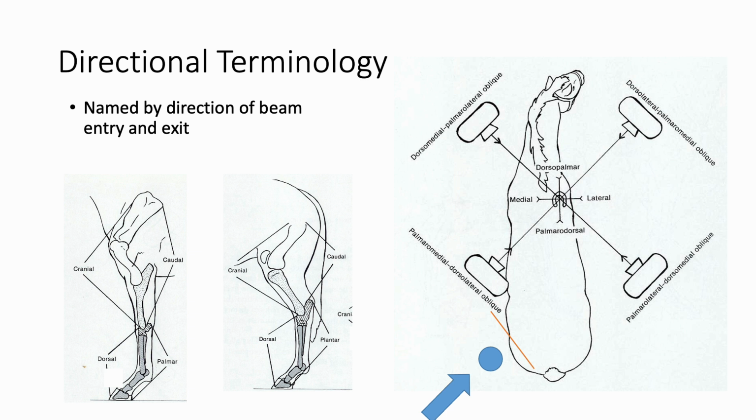But anything that's more straight, like a plus, straight across left to right, or straight front to back, those are going to have a simpler name. They're just going to have 2 pieces to the name instead of 4. So this is something that you should practice, naming your different views, and practice the abbreviations as well.